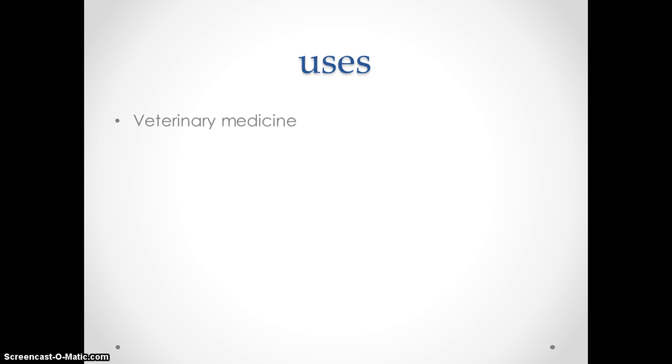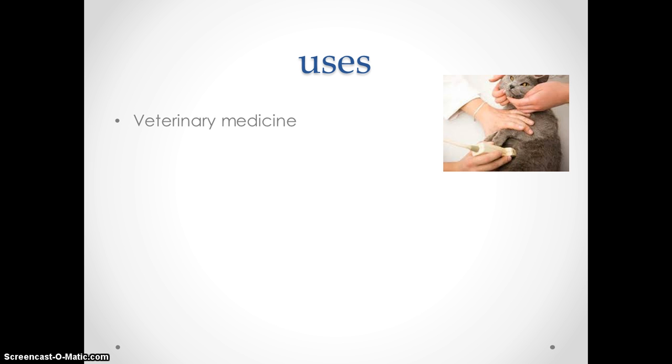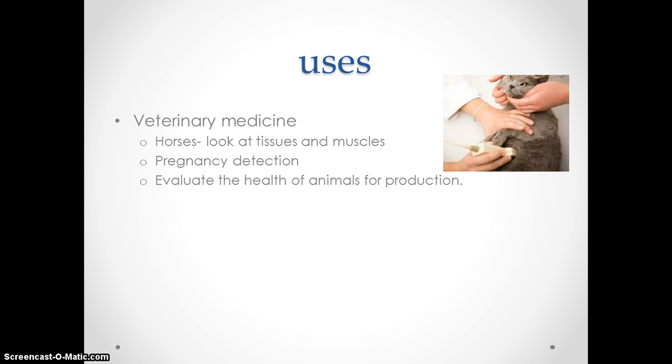Uses. Not only in humans, ultrasound is used in animals. It is also used for pregnancy scans and looking at muscles and tissues in animals and to evaluate the health of animals for production in farms.